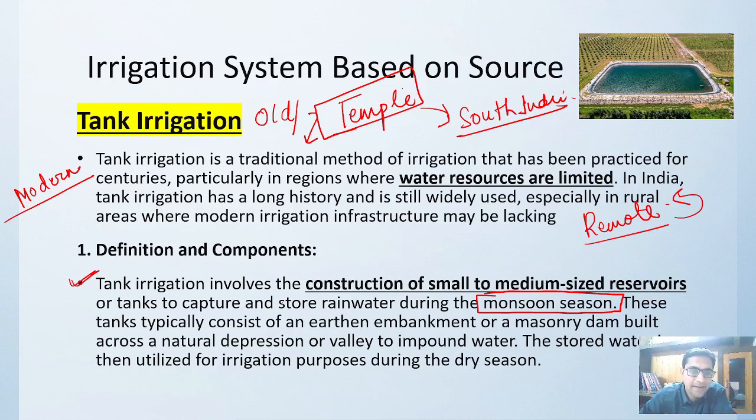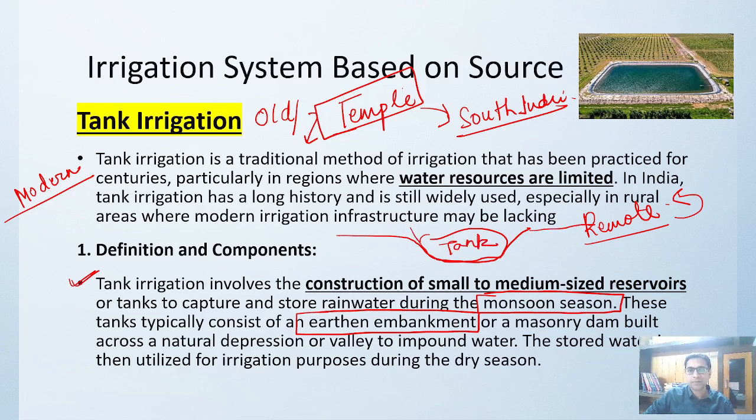Normally it consists of an earthen embankment, so it is made from earth only. It's just like a very big earthen pot kind of thing. Or you can utilize a natural depression in the land. If you have a plain area and all of a sudden you have a depression in the land, you can convert this area into a tank and store the water here by doing some cementation and so on.